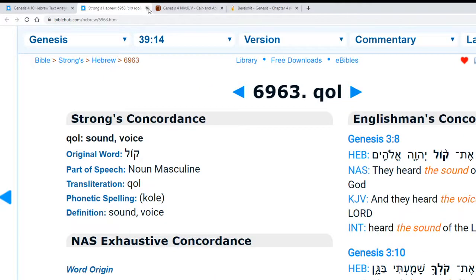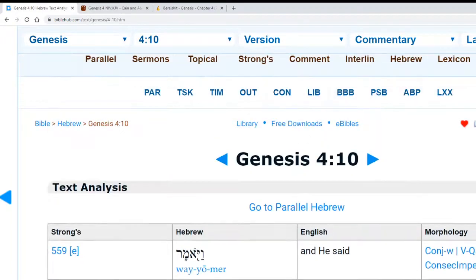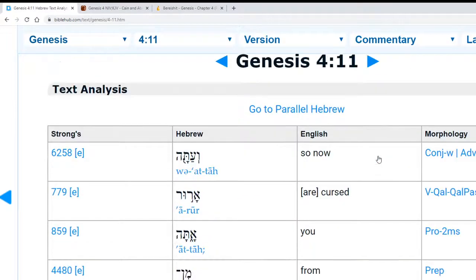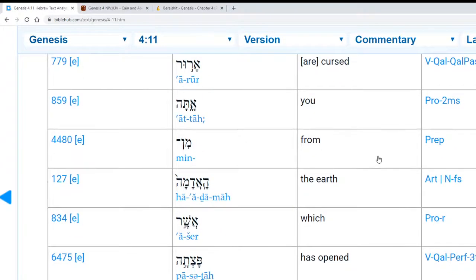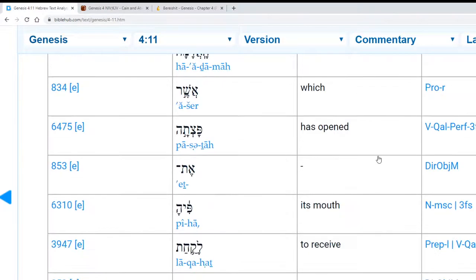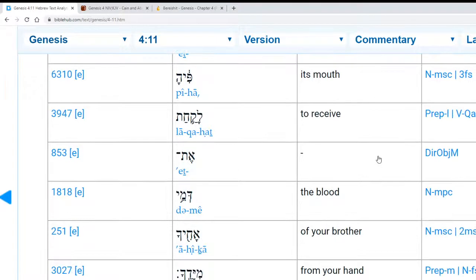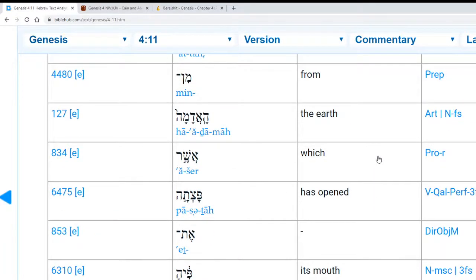So, yeah, I guess I'm in the minority here. Okay. Verse 11. Ve'ata arur ata min ha'adama asher patzta et piha lakachat et deme achicha miyadecha.